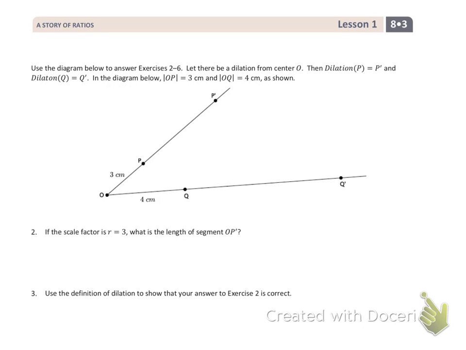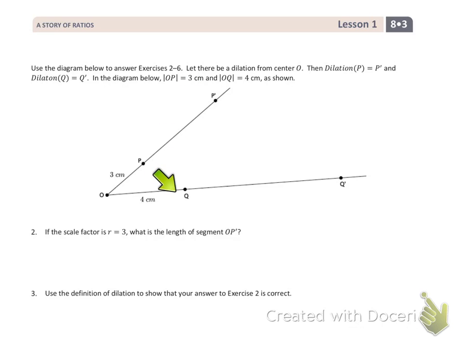Okay, I'm going to read you the directions for exercises 2 through 6, and then we'll do the first couple together, and then I'll have you do the others on your own. Okay, so we've got this diagram, and we're going to use it for all these remaining exercises. There's a dilation from center O, and the dilation of P is equal to P prime.